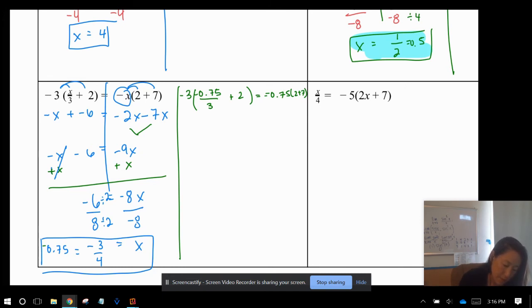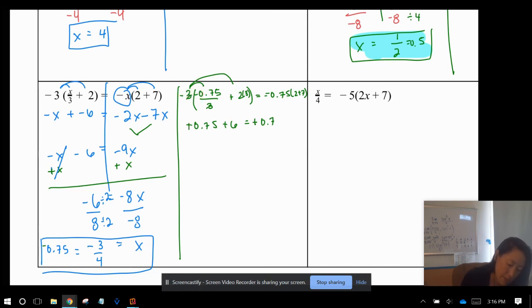Alrighty, so I'm going to distribute in the 3, and this 3 and this 3 cancel, 3 divided by 3, but then I need to also make sure I multiply it on the backside, so I get negative 0.75 plus 6 is equal to positive 0.75. A negative times a negative gives me a positive.